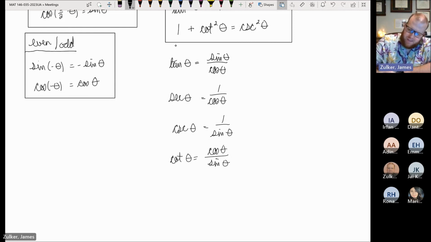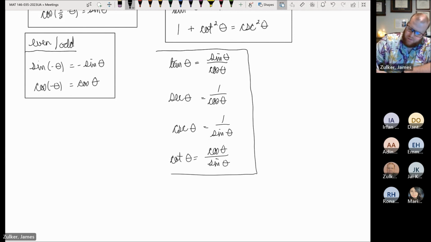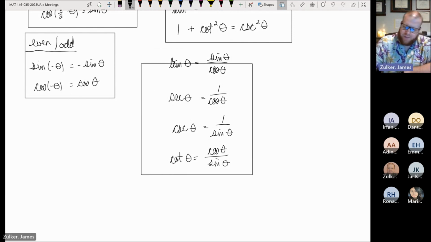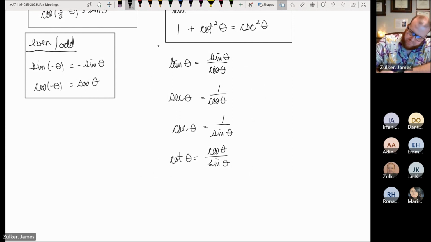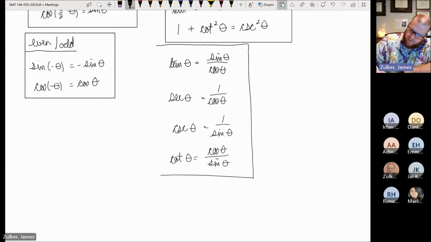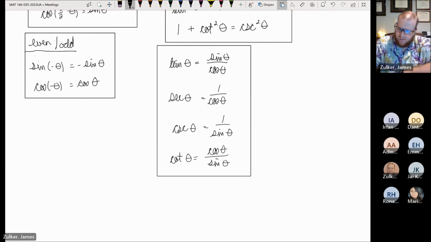And then we have the identities that allow us to write everything in terms of just sine and cosine.